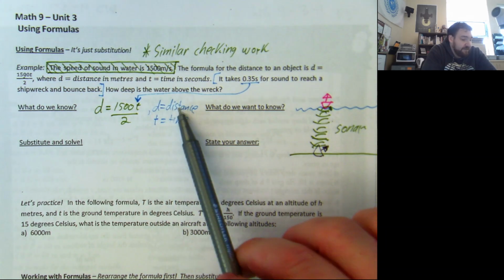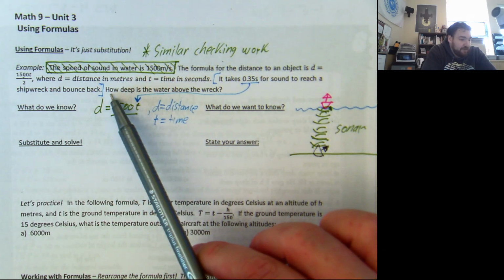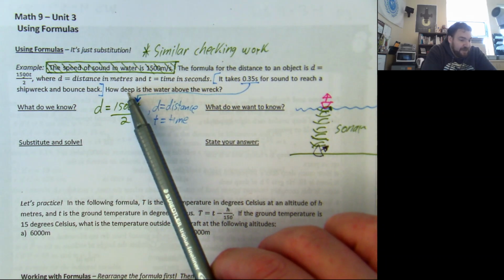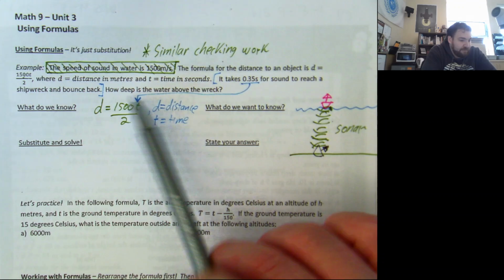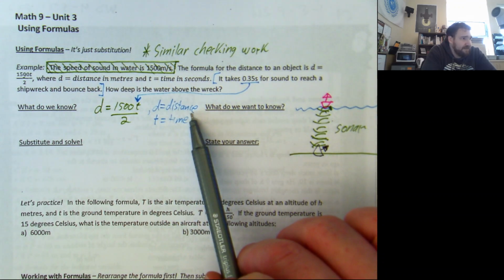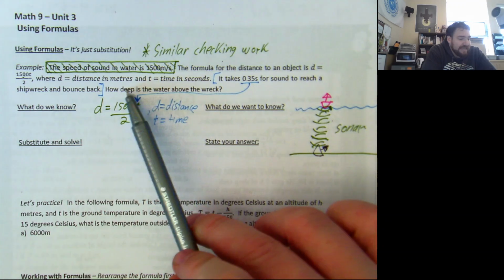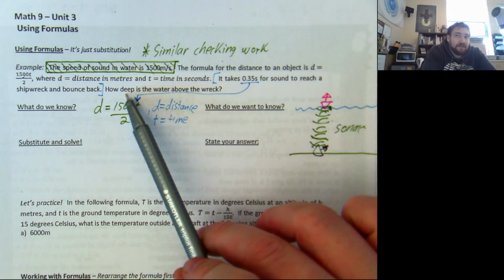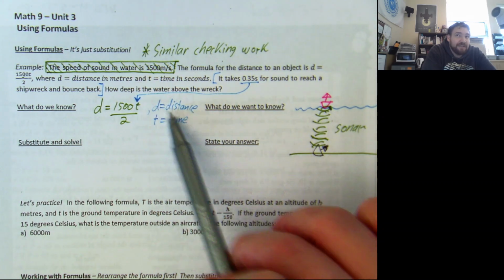If we plug that in there for t, we're going to solve this thing for d. D is a distance. Does that actually answer the question? The question is, how deep is the water above the wreck? Is measuring the depth of something finding a distance? Yeah. So this will, even though it's not worded exactly the same way, the meaning here is equivalent.